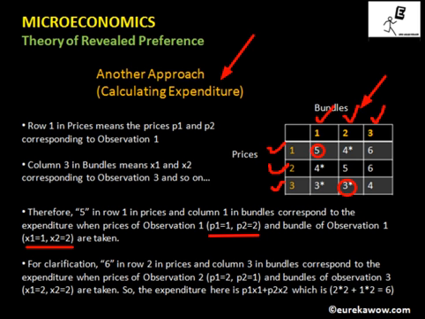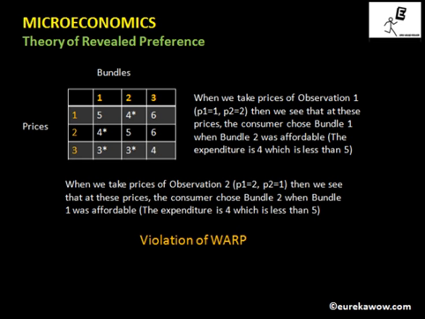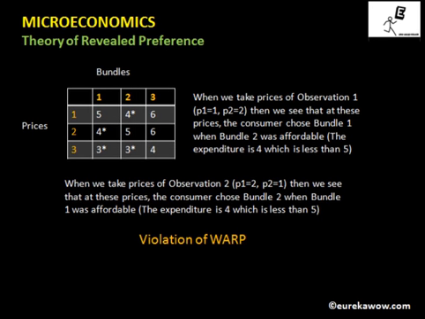Now we need to see whether WARP is satisfied in this case or not. Now this is what the consumer has chosen. Why? Because it corresponds to the prices of observation 1 and the bundle chosen of observation 1. So this is essentially the bundle 1 itself.